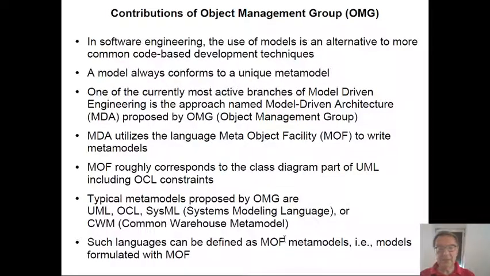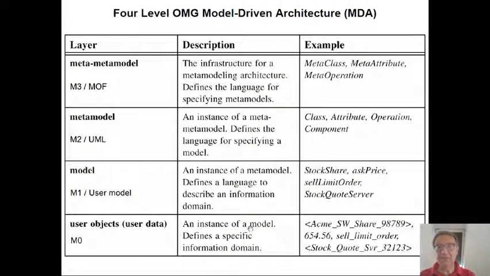This is what the OMG is also doing. What we were doing in the course during the main time, we have been considering user models, so class diagrams, and we have been building object diagrams. And in the user model, in our class models, we have been using particular concepts, namely concepts like classes and associations.